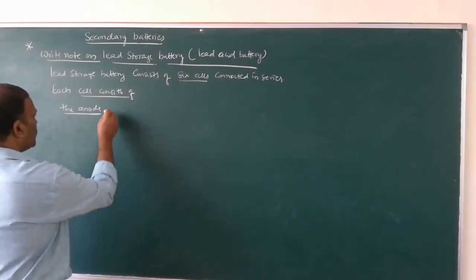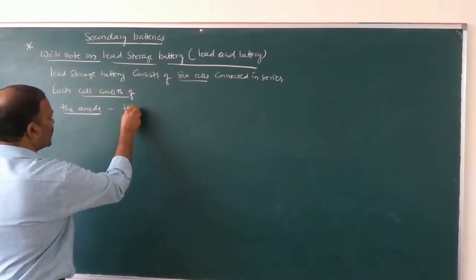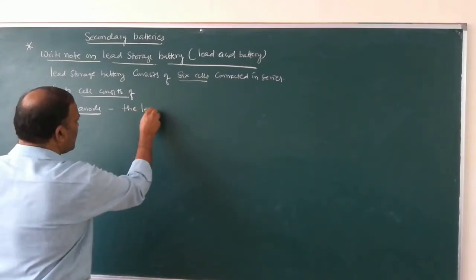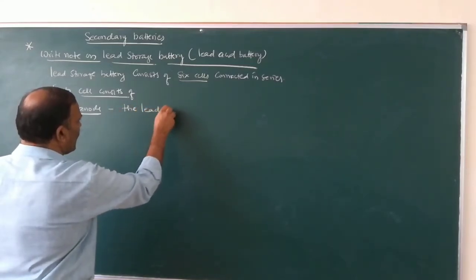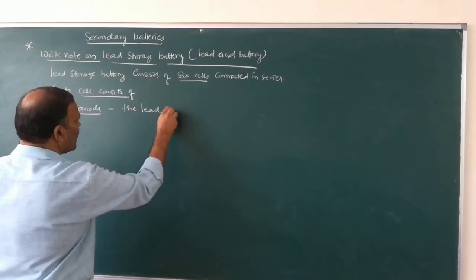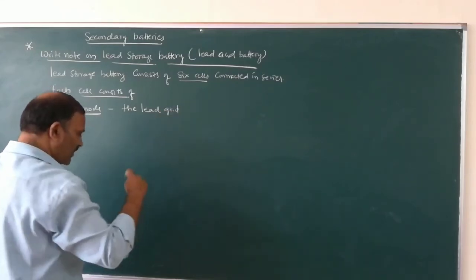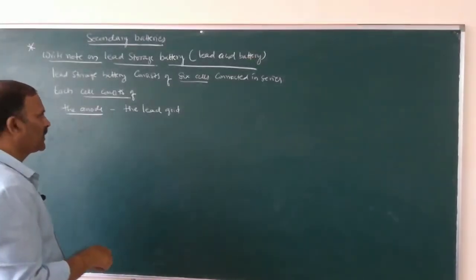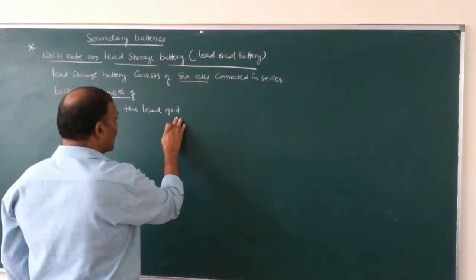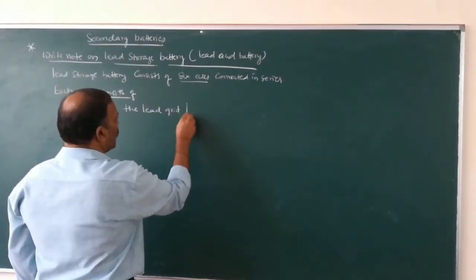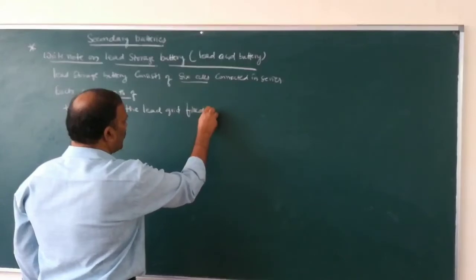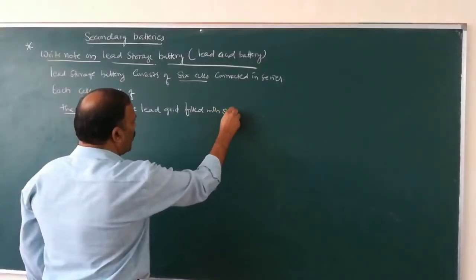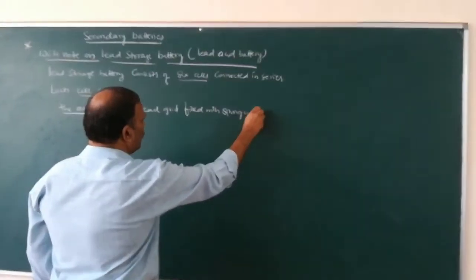Anode here is the lead grid. Grid means it is a depression, a hole type, a lead grid filled with spongy lead.